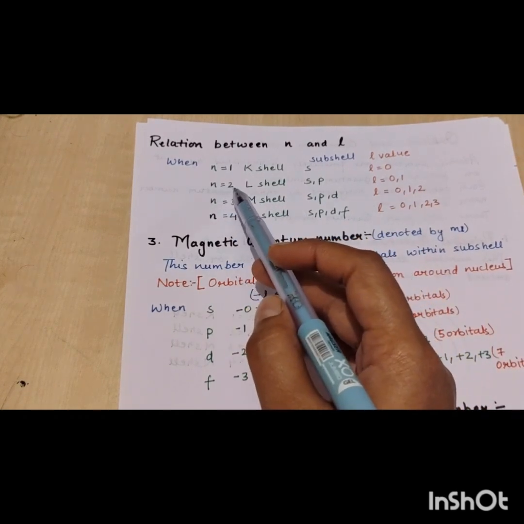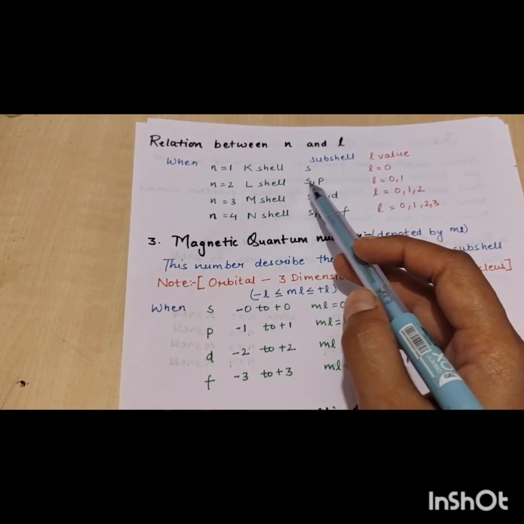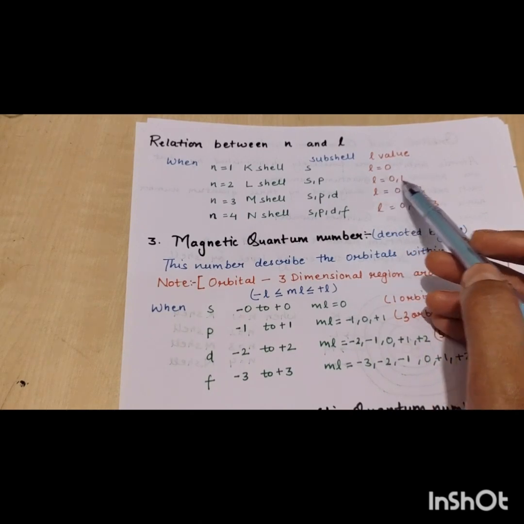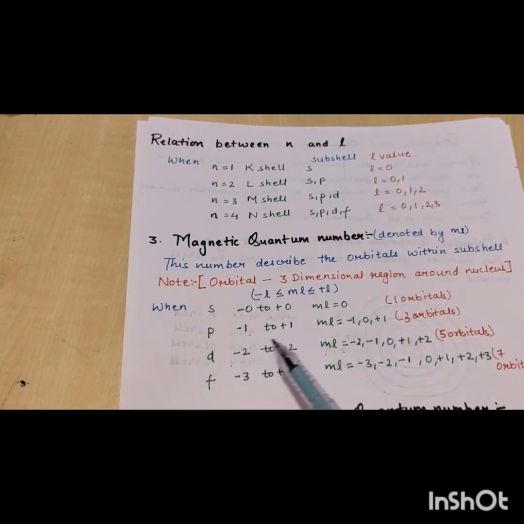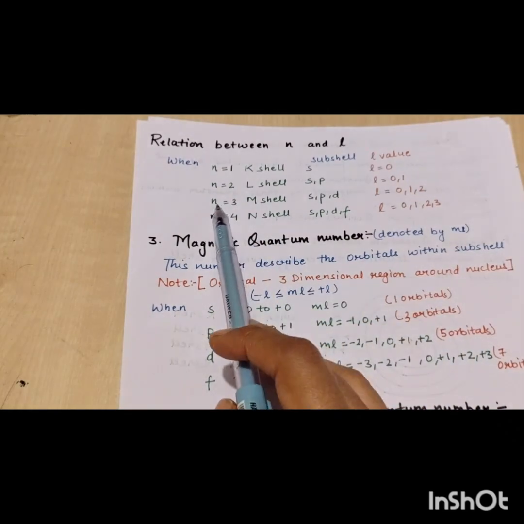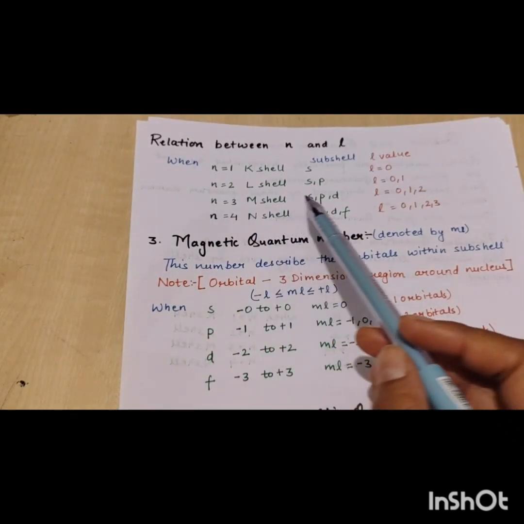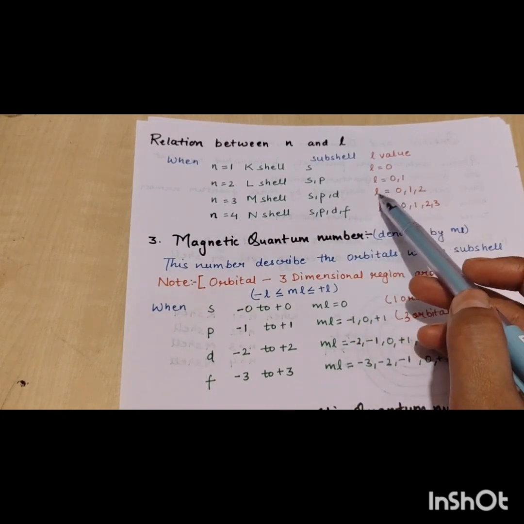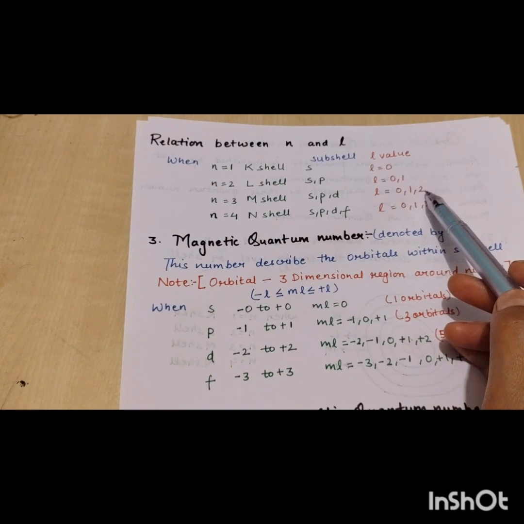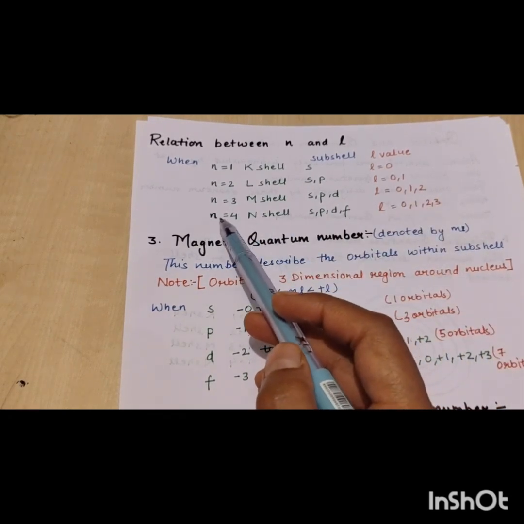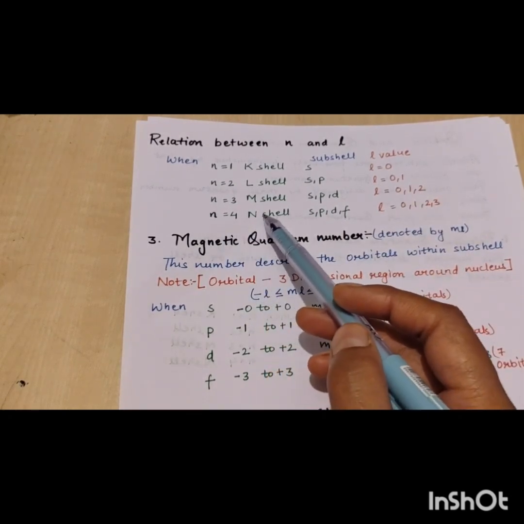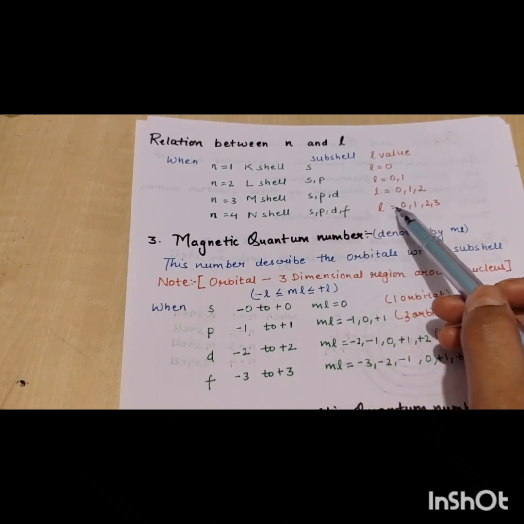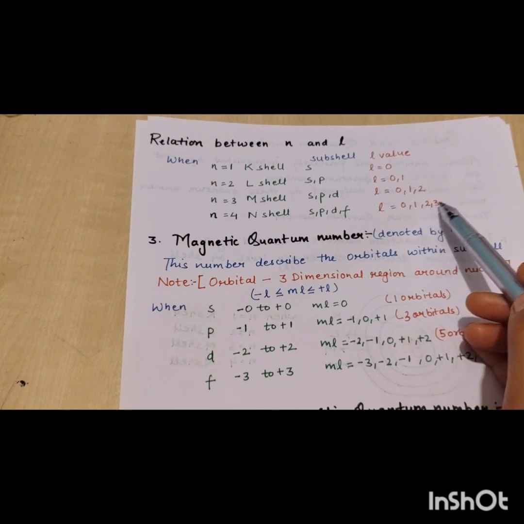When n is equal to 2, the subshells are s and p, and the angular quantum number is 0 and 1. When n is equal to 3, the M shell, the subshells are s, p, d and the angular quantum number is 0, 1, 2. Here n is equal to 4 represents the N shell, the subshells are s, p, d, f and the angular quantum number is 0, 1, 2, 3.